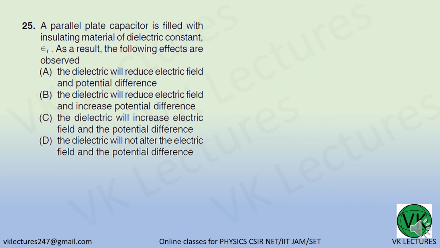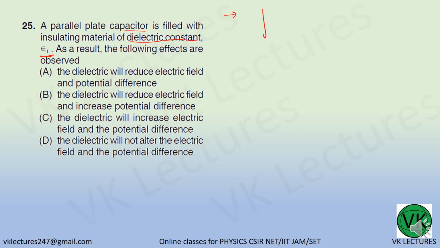A parallel plate capacitor is filled with an insulating material of dielectric constant epsilon R. As a result, the following effects are observed. Now let us see what happens to the capacitance of a parallel plate capacitor when a dielectric is introduced.